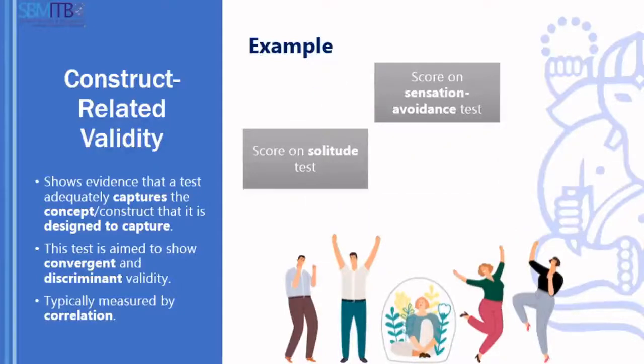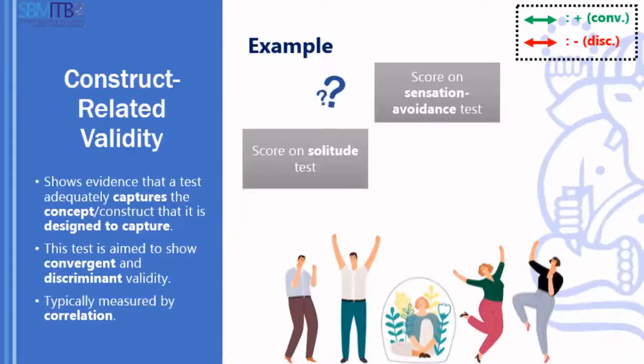Scores on the solitude and sensation avoidance tests: should they conform to convergent validity or discriminant validity? The relationship is supposed to show convergent validity, since the more a person avoids sensation, the more likely he or she enjoys being alone.